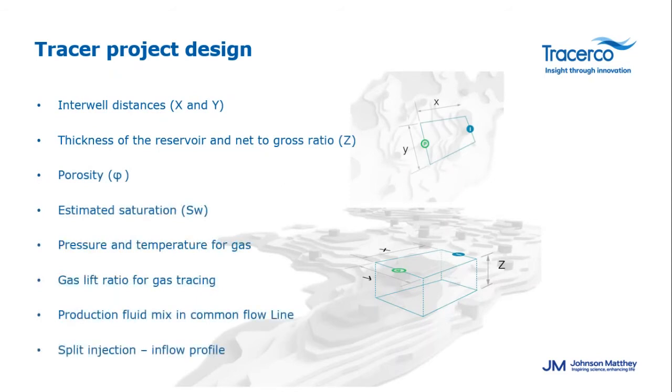The amount of tracer required will be based on the information properties as described in the slide: the distance from the injector to the producer, the estimated angle of the sweep, and the levels of uncertainty. Then we must look at additional dilution that may take place, split injection, and commingled production.